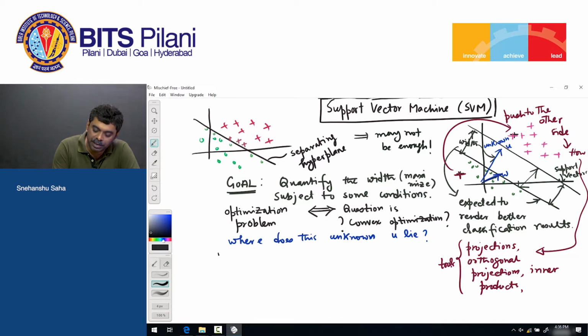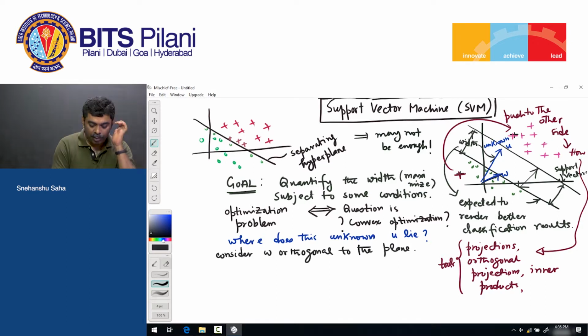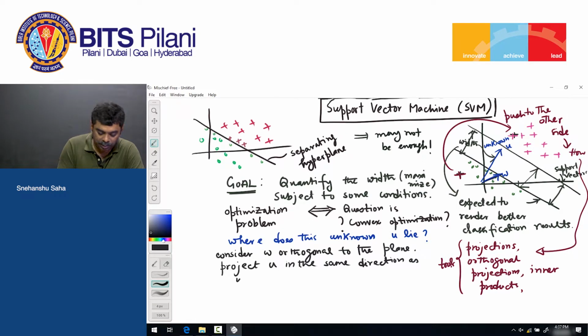One assumption is that we consider w to be orthogonal to the plane, and these planes are the decision boundary. We also project u in the same direction as w, so that it is also orthogonal to the decision boundary.